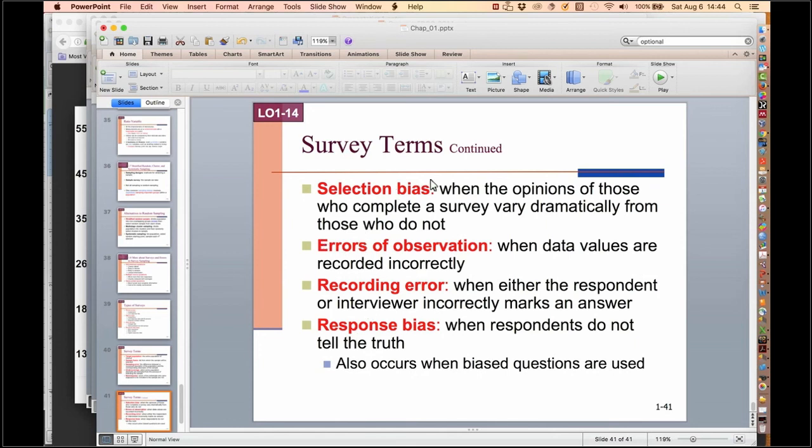Selection bias, we talked about how you can be biased by selecting a specific population and not considering the whole population. Errors in observation, this can always happen. Someone recorded the values wrong. Also, response bias. So we talked about these, and you can find more terms used in this chapter.